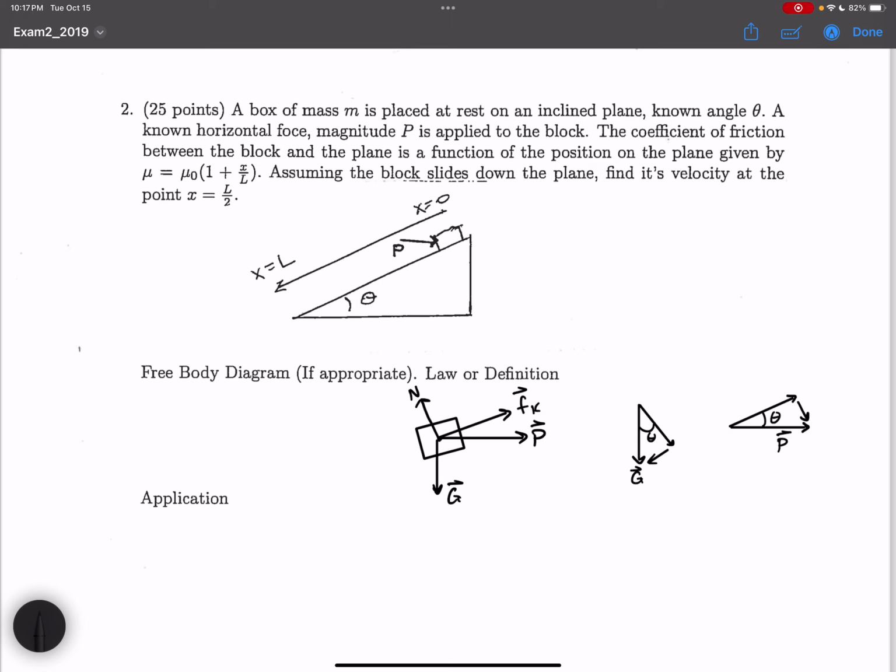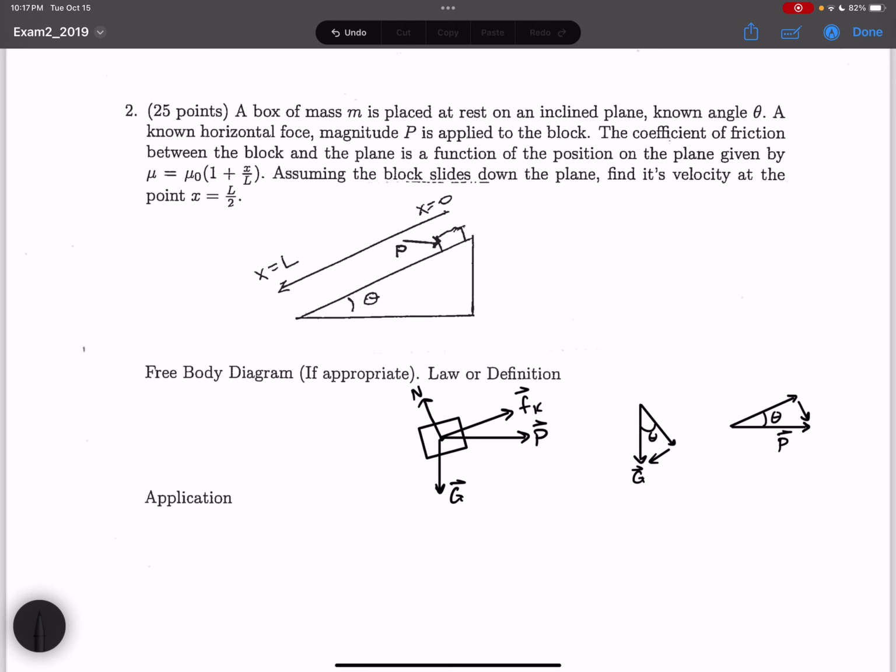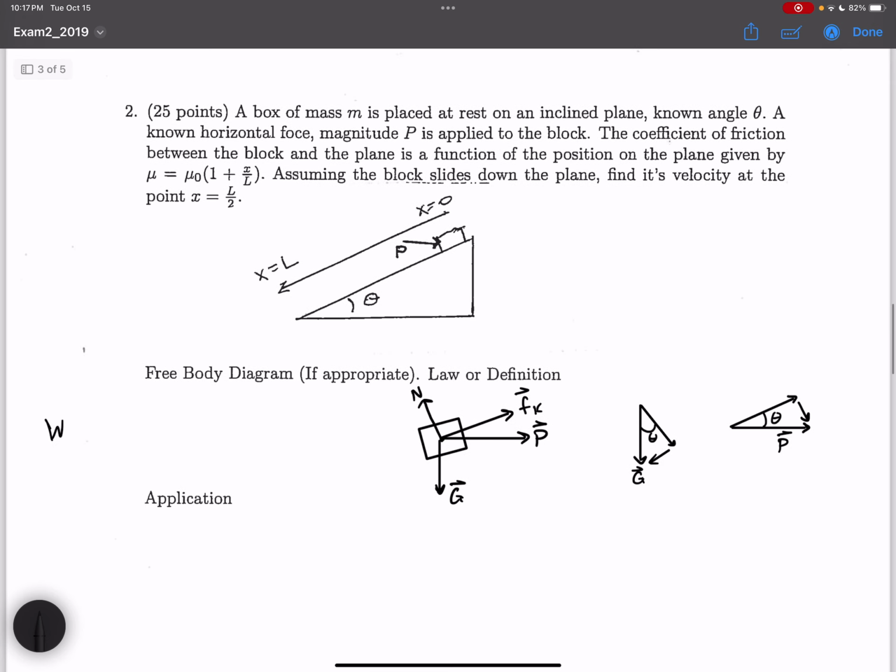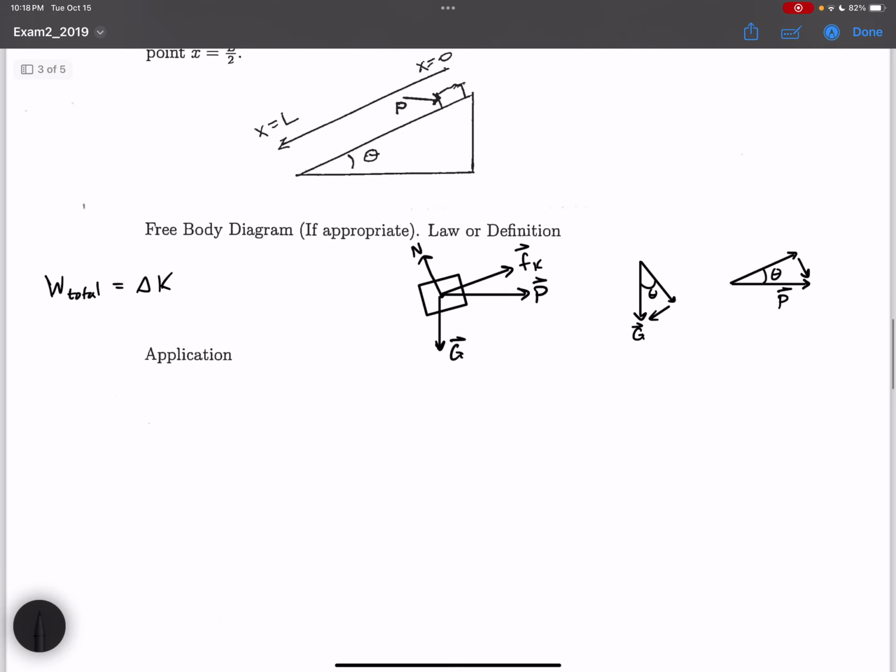Okay, so since we have friction, and friction's a non-conservative force, we're most likely going to be using the work-energy theorem, which is that the total work equals the change in kinetic energy. Right, so we'll go ahead and take that here in a second.